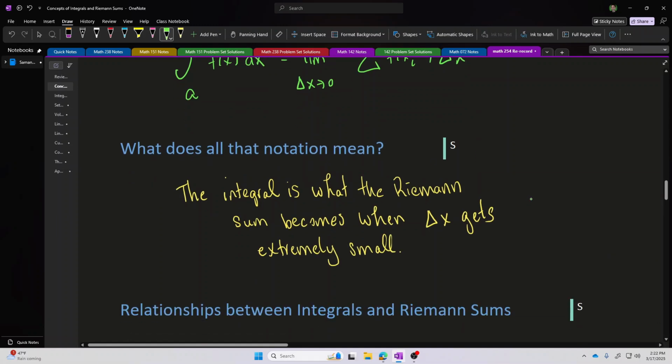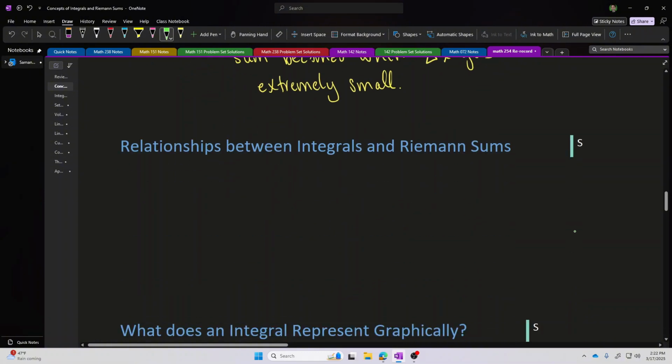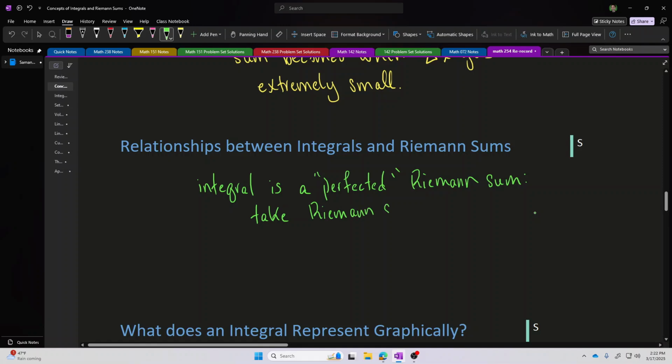So in terms of the relationship between the integral and the Riemann sum, we could say two different things depending on what situation we're in. We could say that the integral is a perfected Riemann sum. You can take a Riemann sum and you can make delta x approach 0 to get an integral.